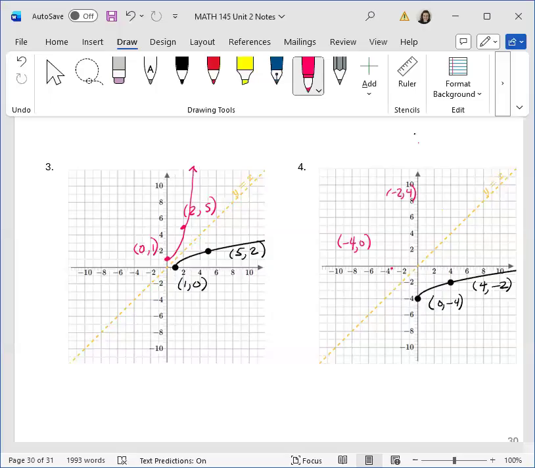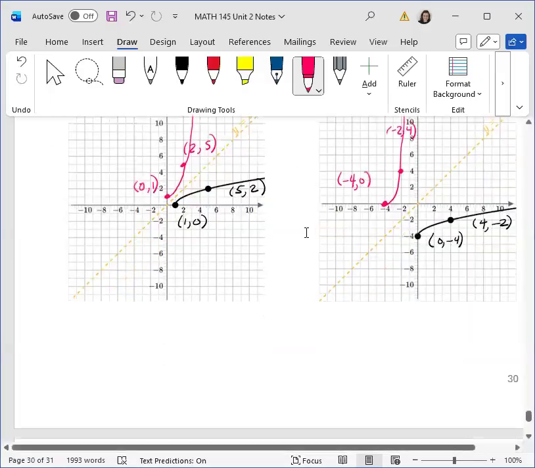All right, graphing those points, -4, 0 is there, and -2, 4. And again, this is a square root function, so the inverse is going to be a quadratic or a parabola. So it's going to have that same smooth curve, parabolic shape as number 3.